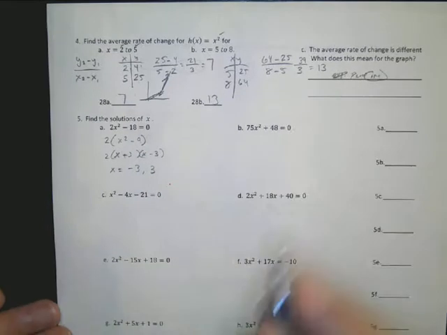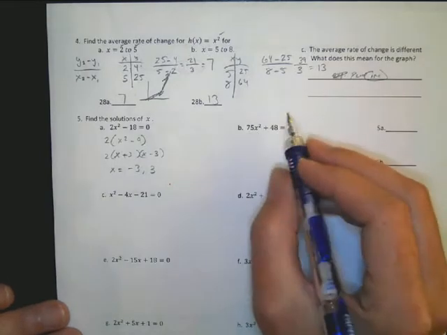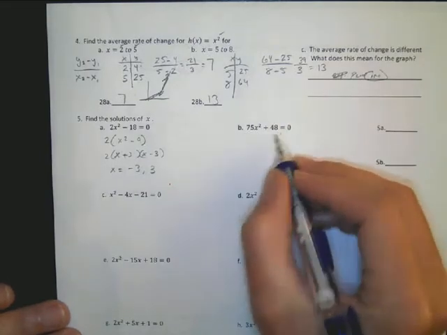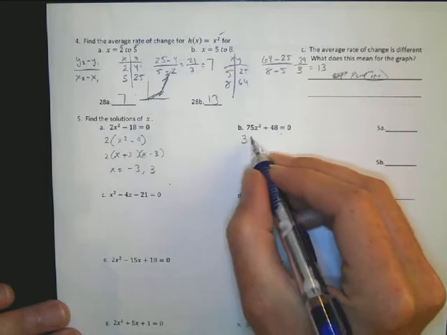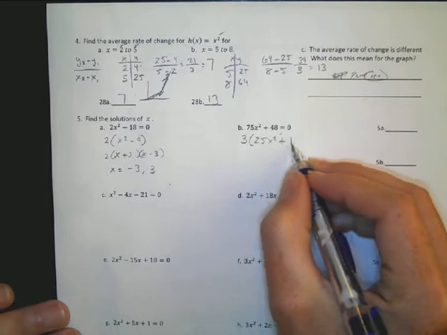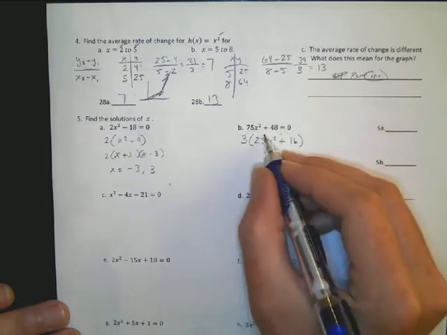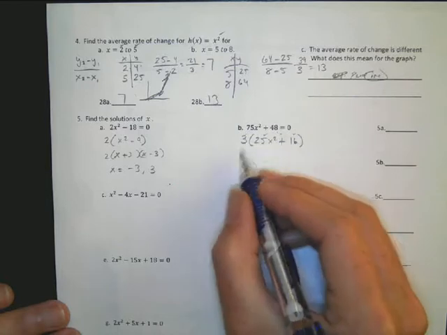All right, over here on this next one, this is kind of a weird one. I can factor a 3 out of both of those. Okay, let's go ahead and do that. If I factor a 3 out, I have 25x squared plus 16 left. Now you might stop and say, well, that's easy, that's a square and a square. Okay, well, let's see what happens.